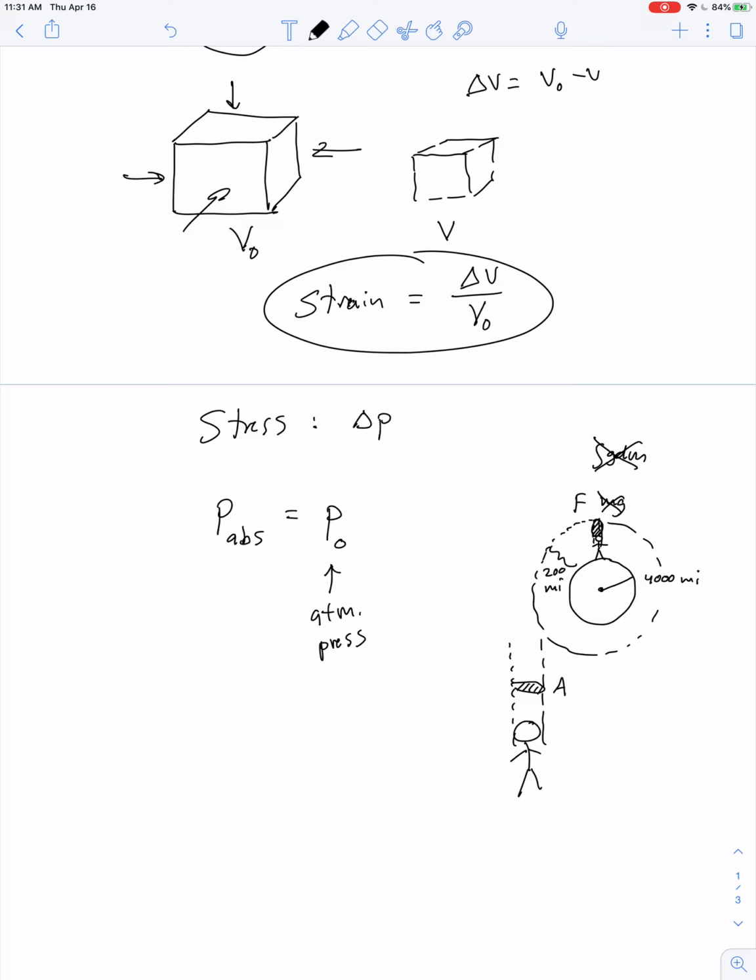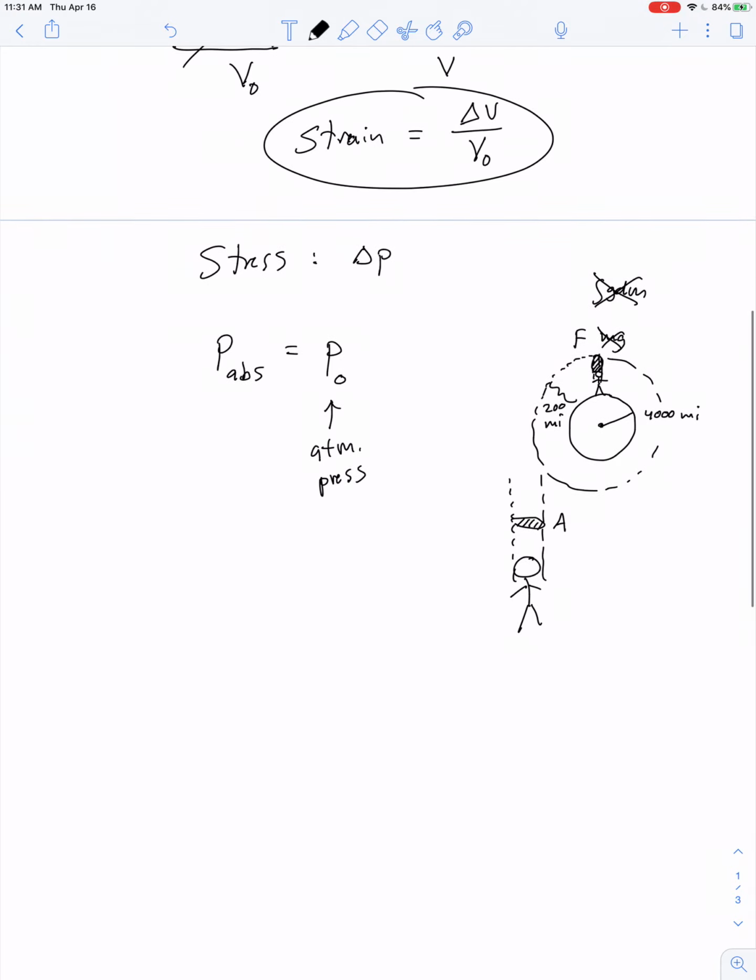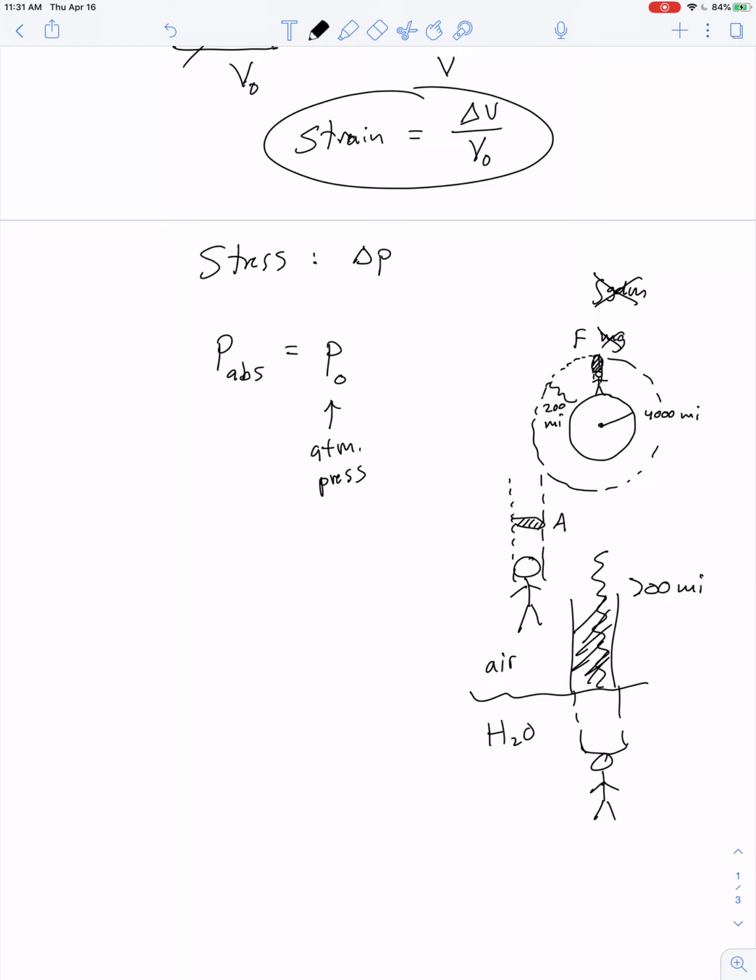In any case, if you were then to dive underwater, all of the weight of the atmosphere would bear down on you, plus you'd have an additional amount of weight due to the fluid. And because water is so much more dense than air, 200 miles worth of air sitting above you has the same effect, I believe, as about 3 meters underwater.